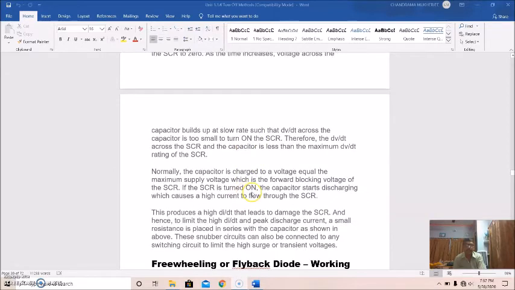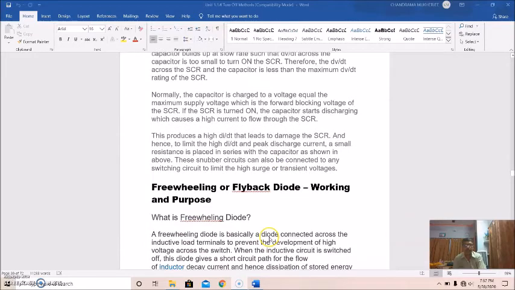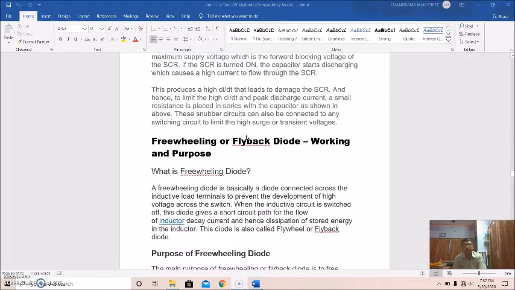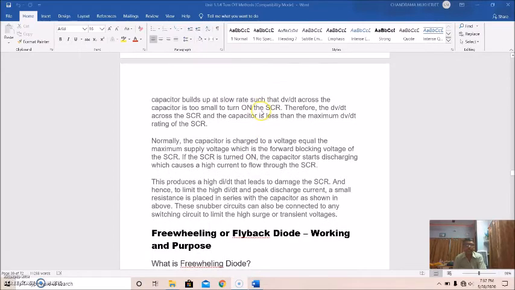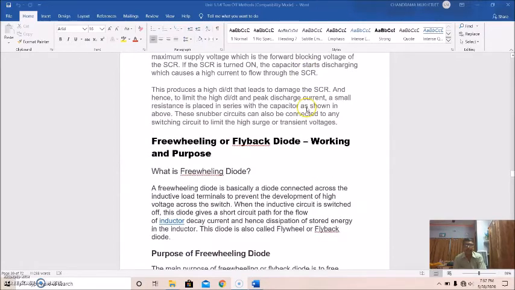The snubber circuit can be connected to any switching circuit to limit high surge or transient voltage. So that's all about the working of the snubber circuit for DVDT protection, and in series with the SCR, an inductor is provided to protect it against DIDT.